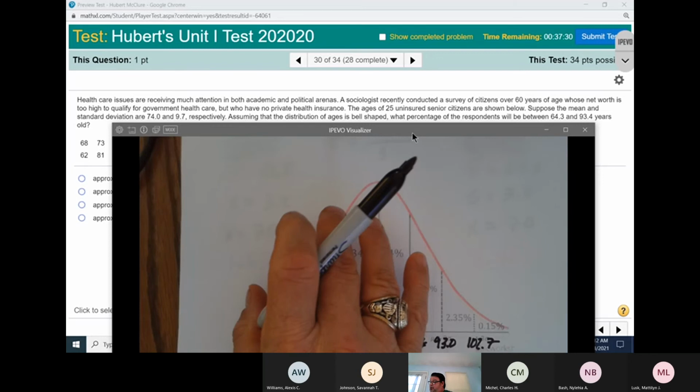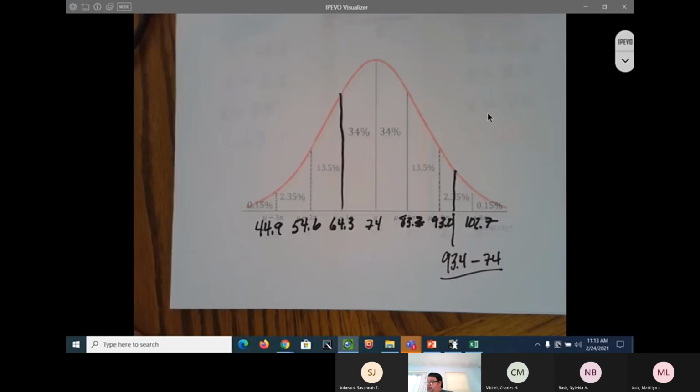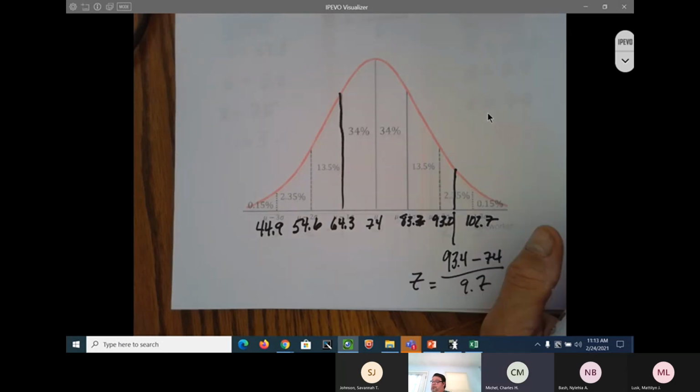So 93.4 minus 74 over 9.7. Somebody give me that number. You said you wanted 93.4 minus 74? Yeah, over 9.7. That would be 2, it says.